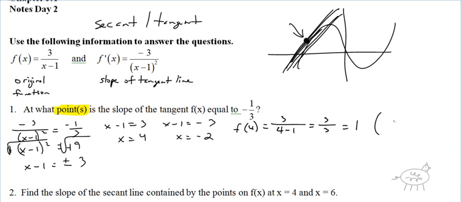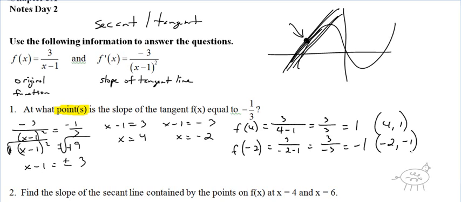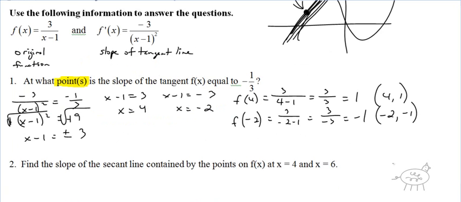So my first coordinate is (4, 1). And then f of negative 2 is 3 over negative 2 minus 1, or 3 over negative 3, which is negative 1. So my coordinate is (negative 2, negative 1). Please be careful: if I ask you for a coordinate, give it to me. So those are our two answers.